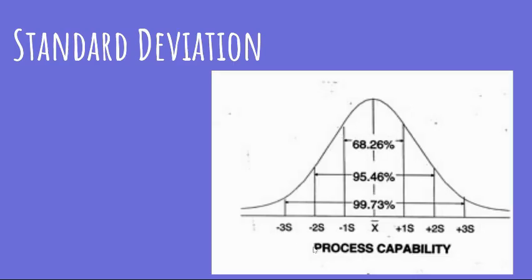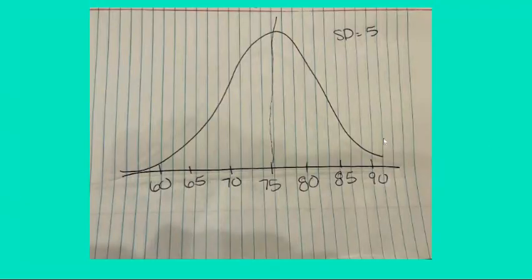And 99% of my data fall between 3 standard deviations below and 3 standard deviations above. So if I am plotting a mean with a standard deviation, I can draw some conclusions about my data, about my class.